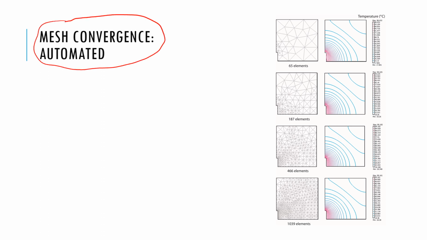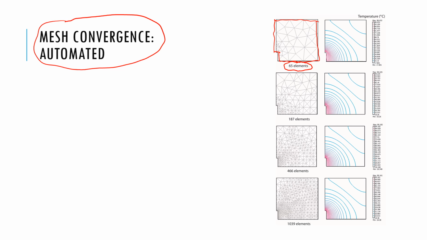The idea is not too difficult. We start off a computation. Let's say this is a heat transfer computation. This is my domain, and I do a mesh, and then I get a set of results.